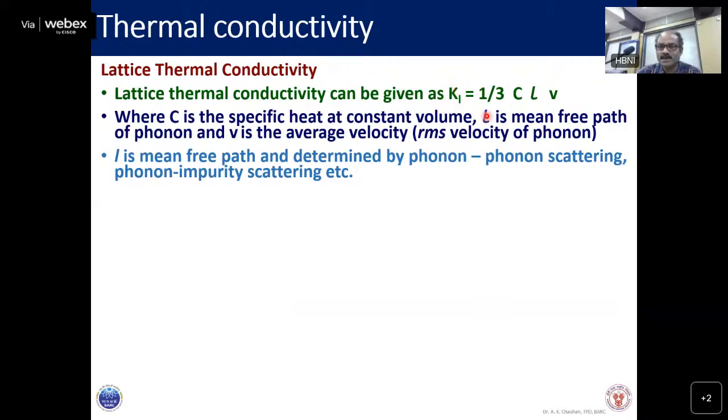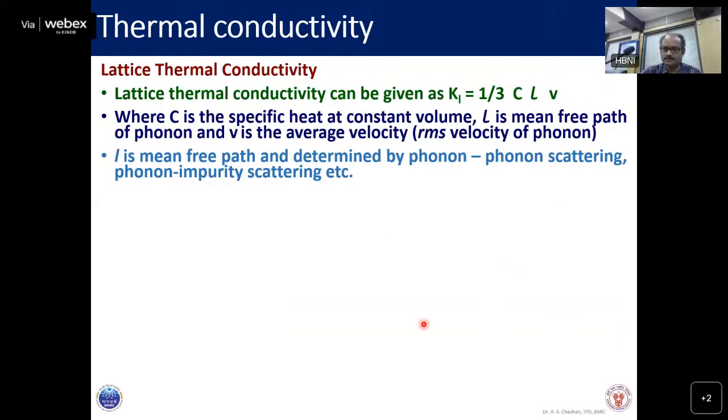This is given by 1/3 C L V, where C is the specific heat at constant volume, L is the mean free path of the phonon, and V is the average, RMS velocity of the phonon.